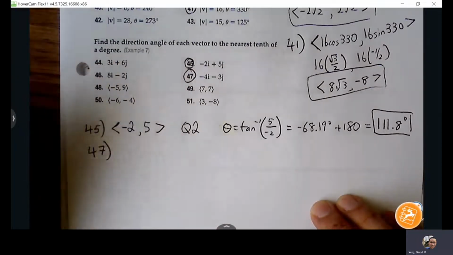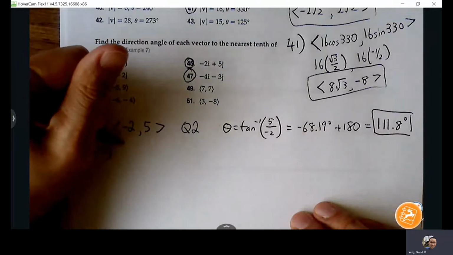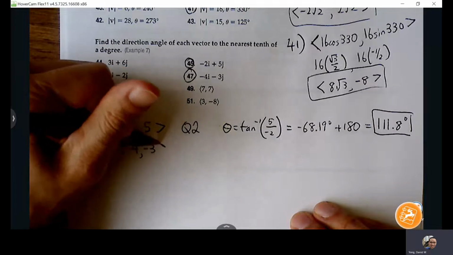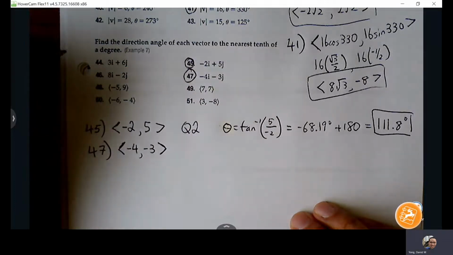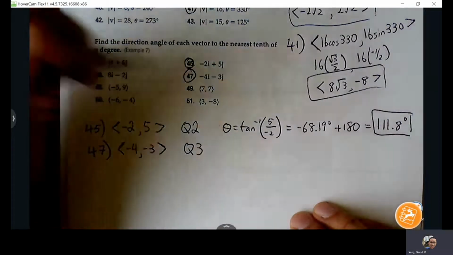Okay, 47. Get that into component form, it just feels more natural. -4, -3. Okay, which quadrant? Third quadrant. Also, still need to involve 180.